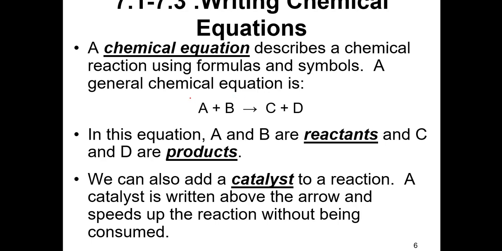To express in symbols a chemical reaction, we use a chemical equation. So A and B, C and D. The A and B is the reactants. That's what's happening before a chemical reaction.